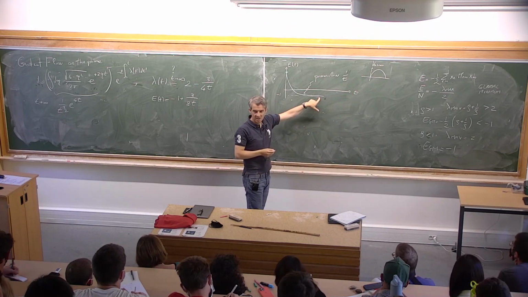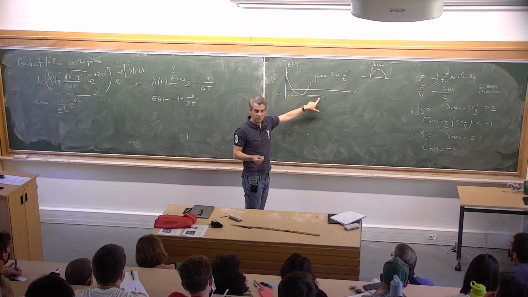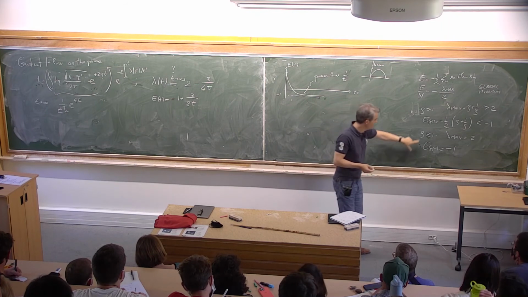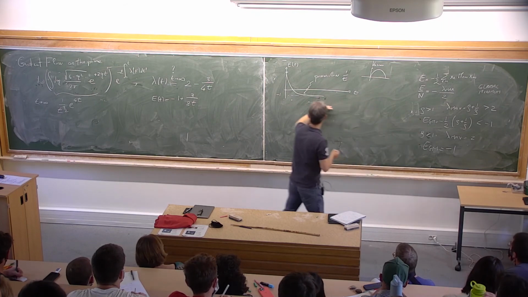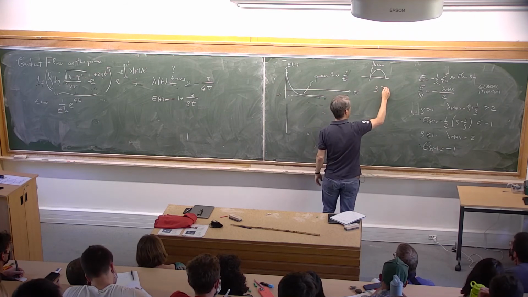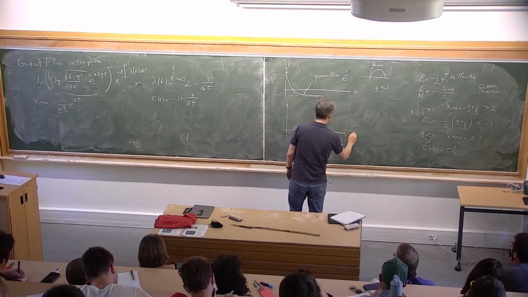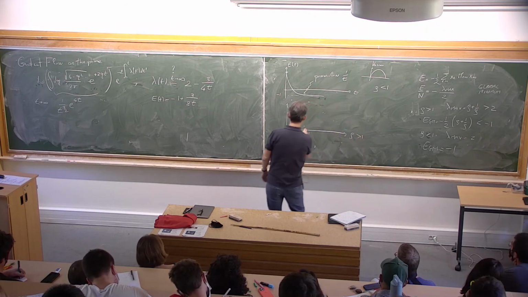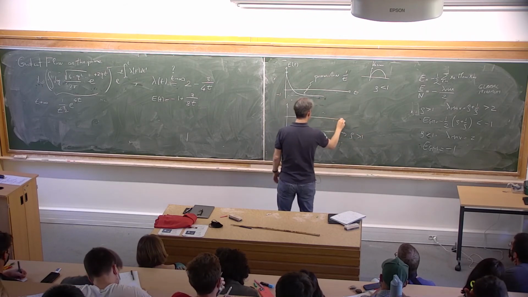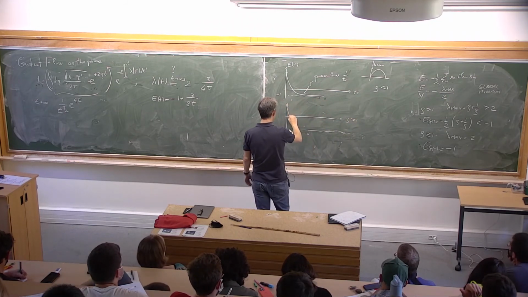What is surprising is what's happening for rho larger than 1. So for rho larger than 1, the global minimum is here. So let me say this is for rho less than 1. And now for rho larger than 1, we have the energy goes down.